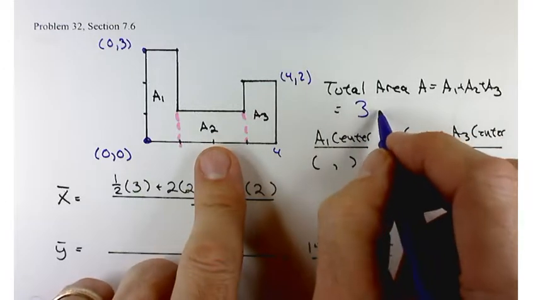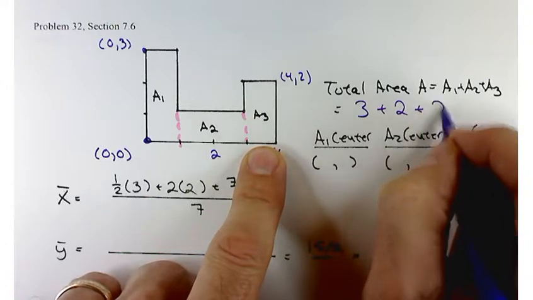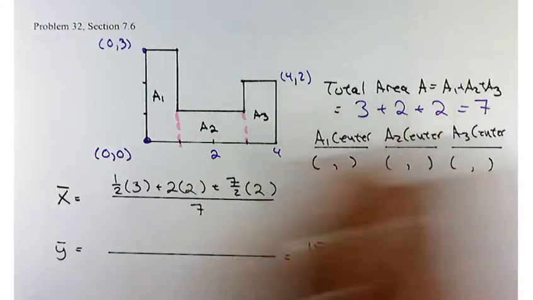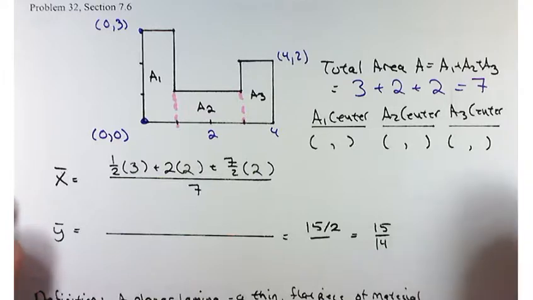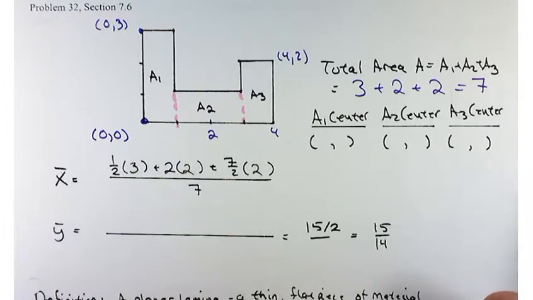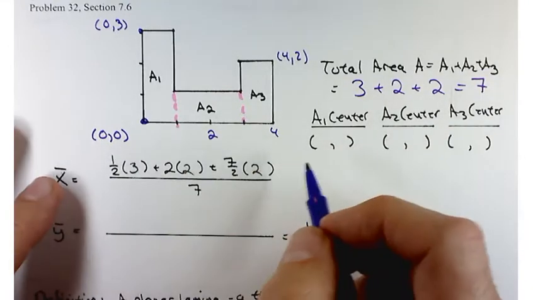Area of the second one, 2. Area of the third one, 2 again. So total area for this object of 7. And you're getting a fast treatment on this stuff, and I apologize up front. Hopefully the handout will help ease some of our burden.